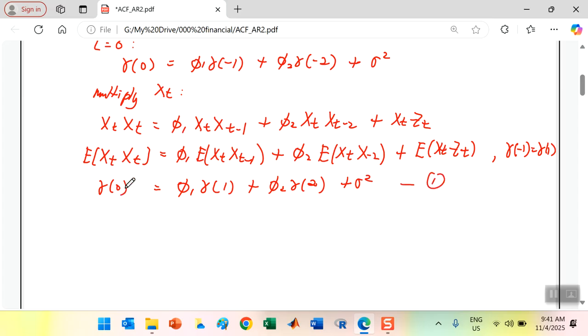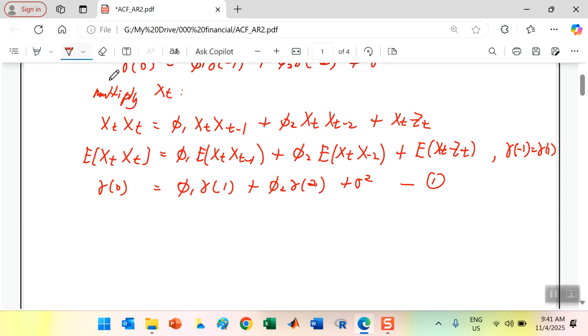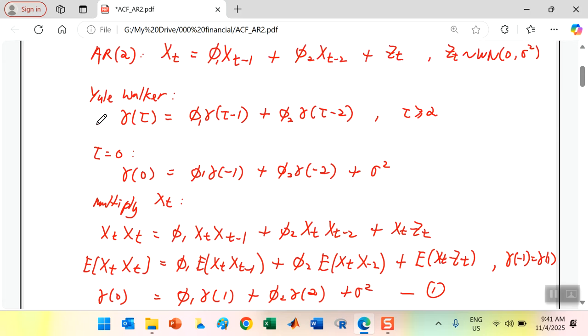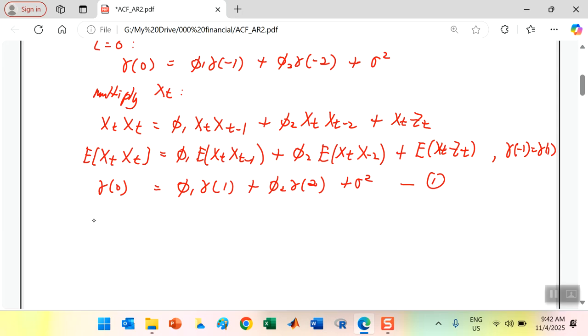So this is for tau equal to 0. Okay, so for tau equal to 1, we're going to put it inside the Yule-Walker equation.